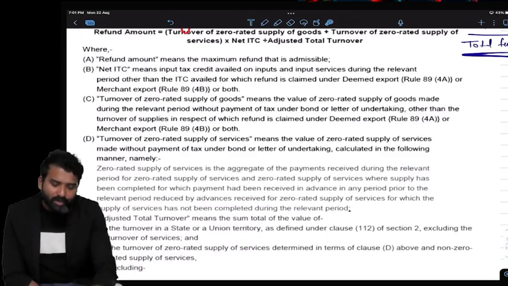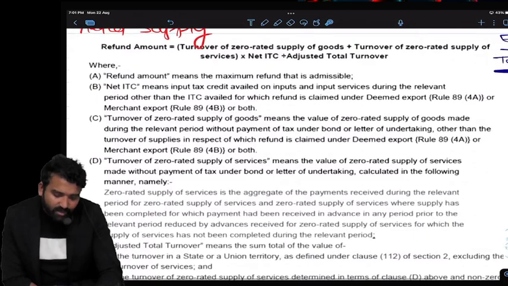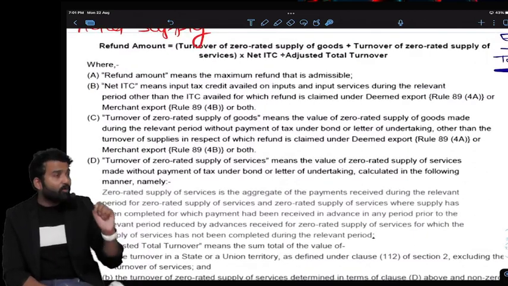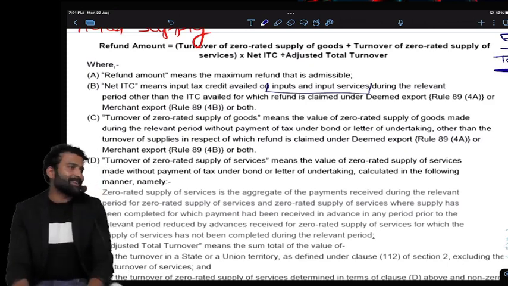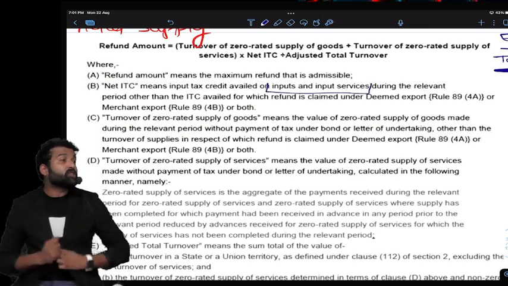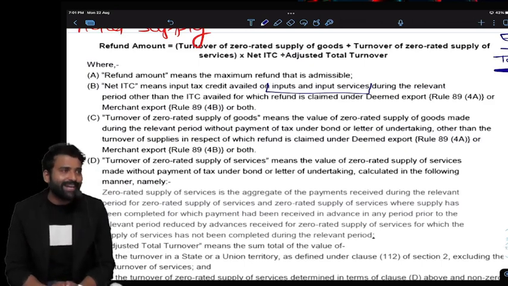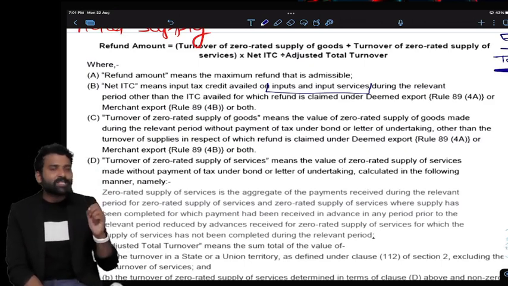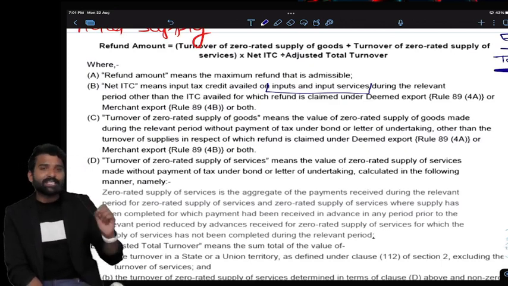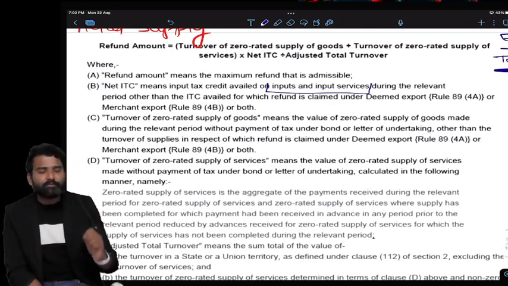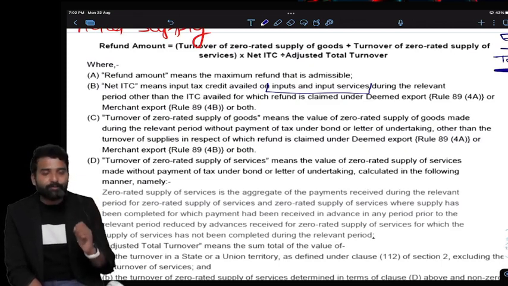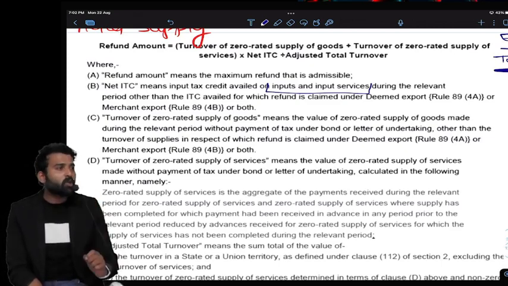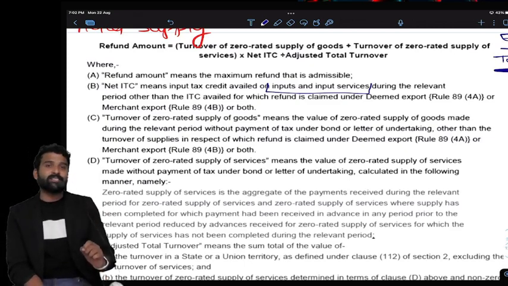So we have to read what is the meaning of net ITC. First of all, net ITC means the ITC availed on input and input services. Now this is very important. This is very important for your knowledge as well. That is, in case of exports, in case of zero rated supply, if I am claiming refund of ITC, I can only claim refund of ITC belongs to input and input services, not on capital goods.